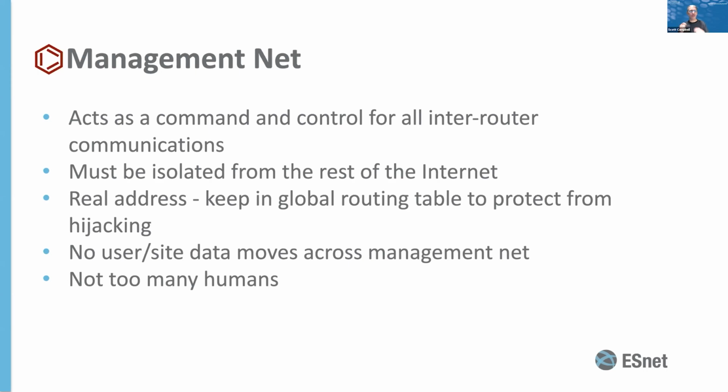And we keep all of those real addresses in the global routing table because it makes hijacking a little bit more difficult. As suggested, no user or site data moves across the management net, so it tends to be fairly low bandwidth. And fortunately, there are not too many humans, which makes doing behavioral analysis on it a whole lot easier.